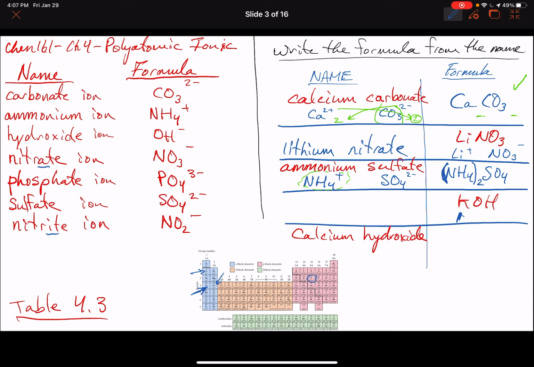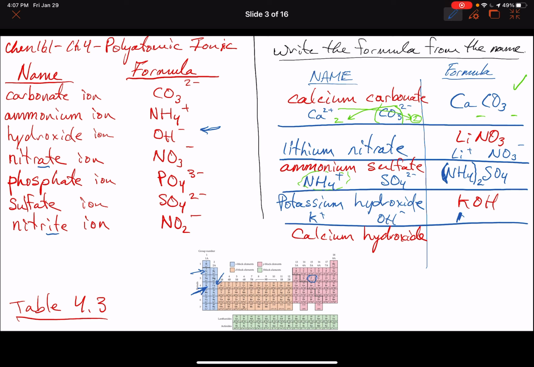So potassium ion is the K plus that we have. That's our K plus there. And we've got that combined with one of our polyatomics. This one is the OH minus, the hydroxide. Potassium hydroxide is the OH minus polyatomic anion that we've memorized.